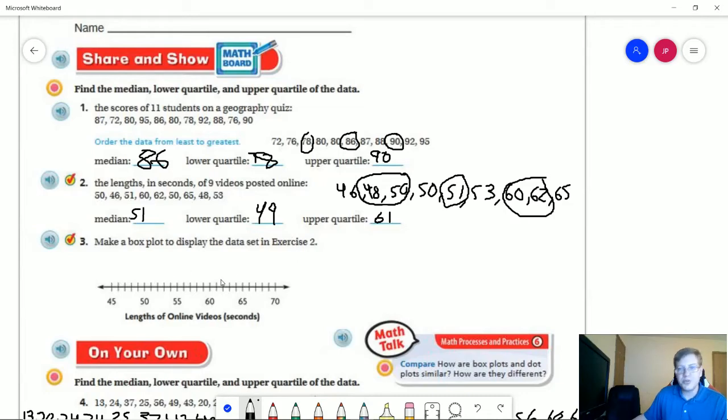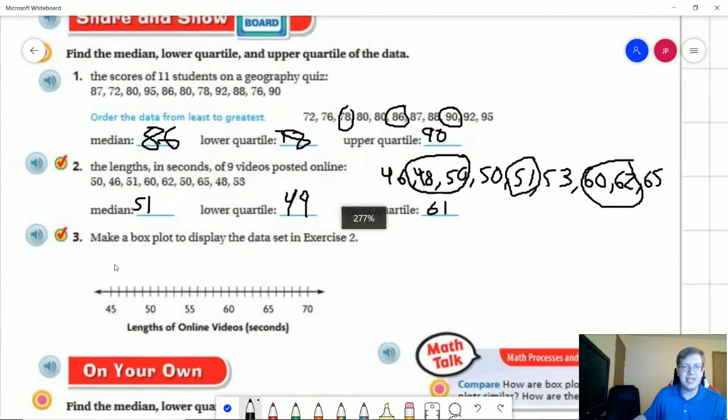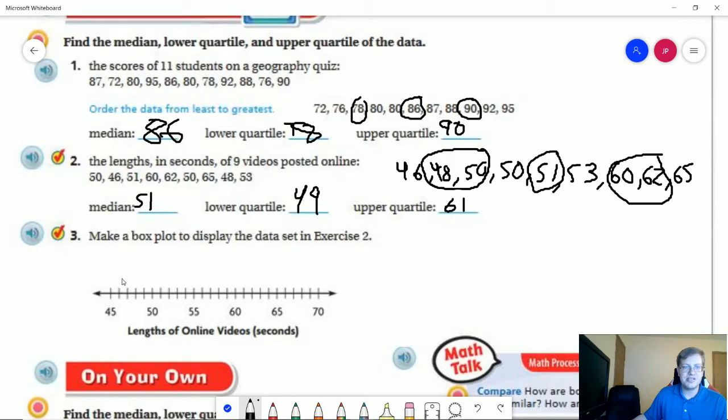And so number 3, as we go ahead and make a box plot, I'm going to zoom in just a touch here. This is going to be our lowest value. Our lower quartile would be at 49. Our median is going to be at 51. Our upper quartile is going to be at 61.